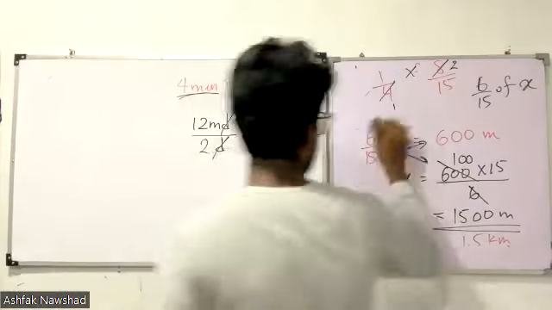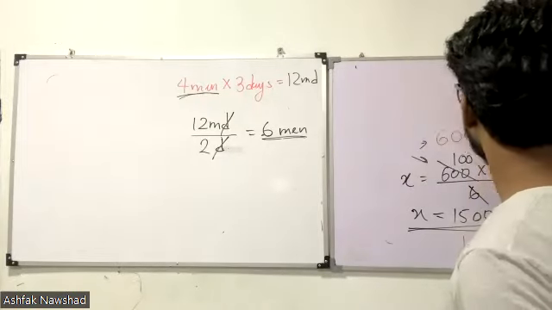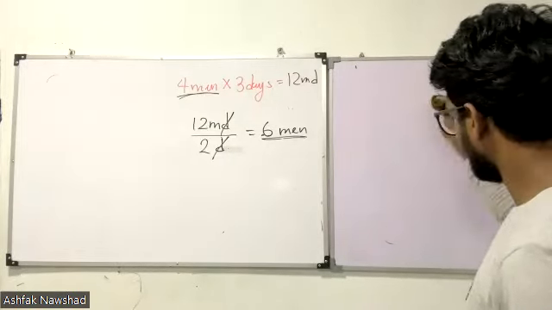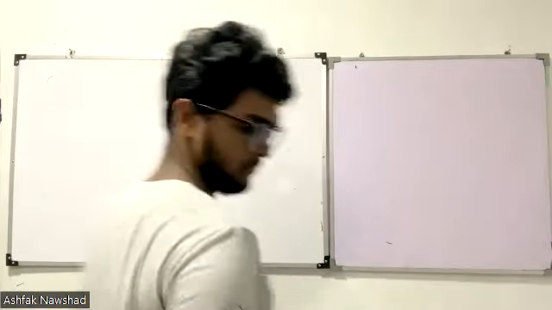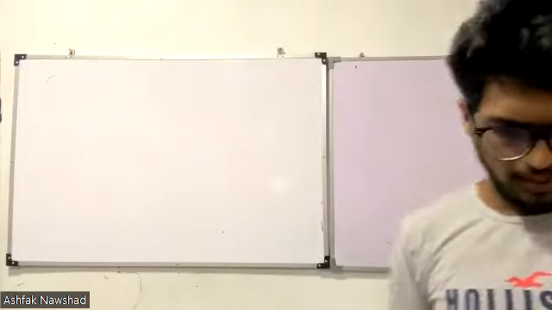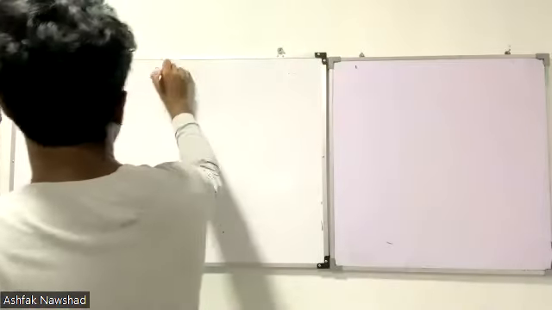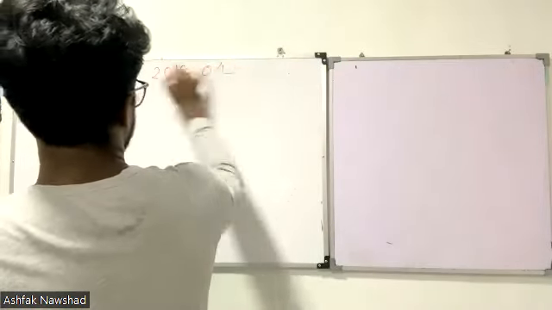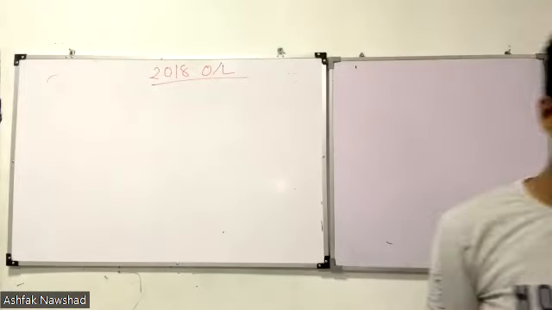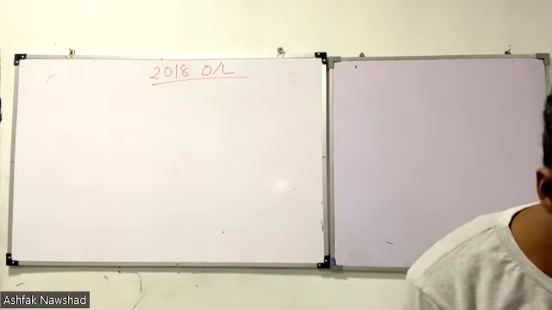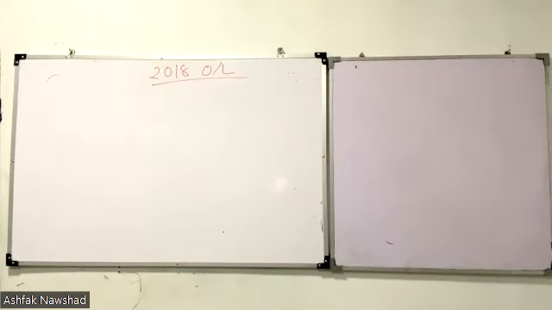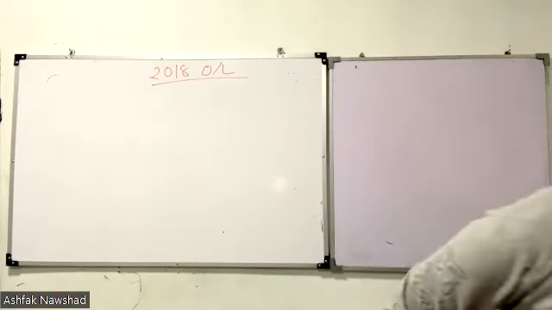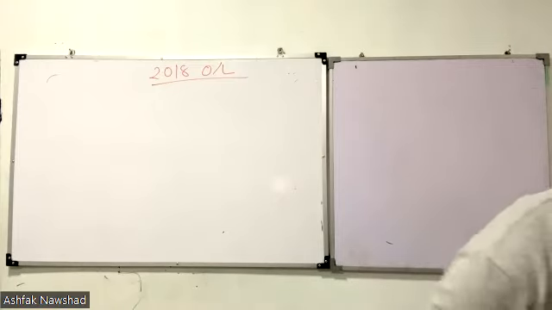So the final question for today is 2018 O levels, question 28. Let's read the question. They say a man intended to distribute a certain amount of money he had.